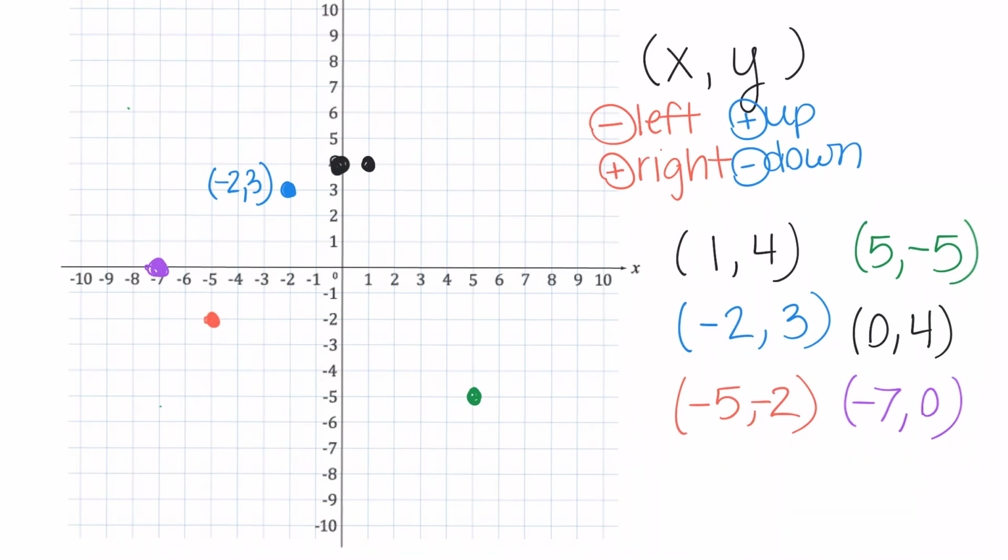Now, the last thing we need to talk about is, can you see how there's 4 very clear squares on this graph? Those have names. We call them quadrants instead of squares. The area that's the top right corner, we call quadrant 1.